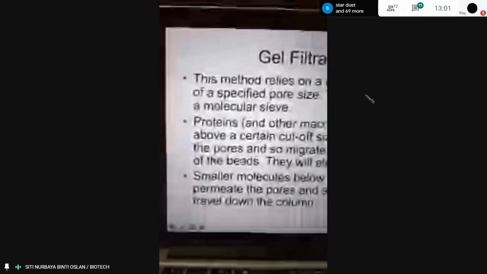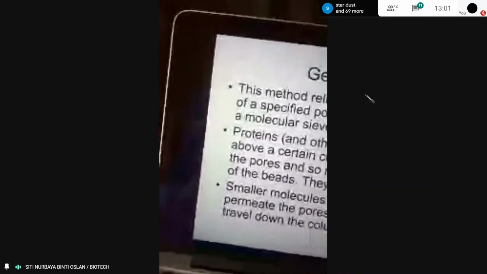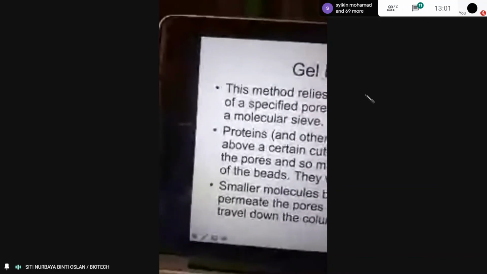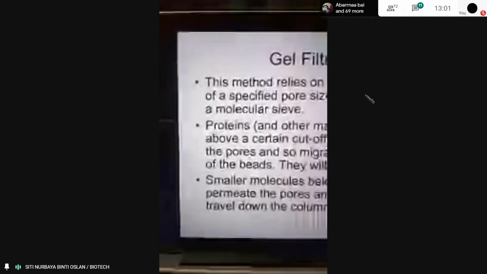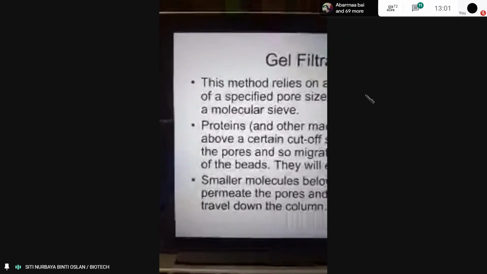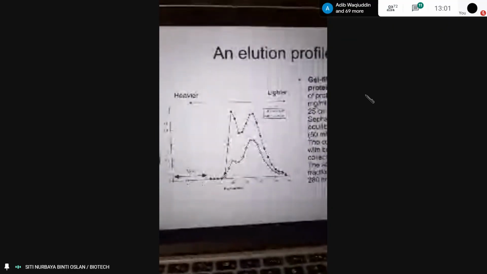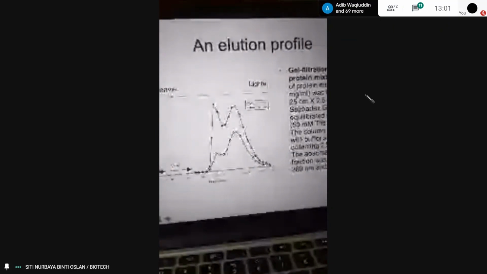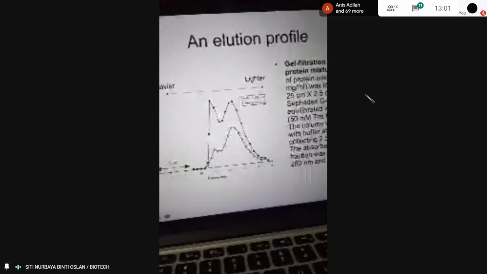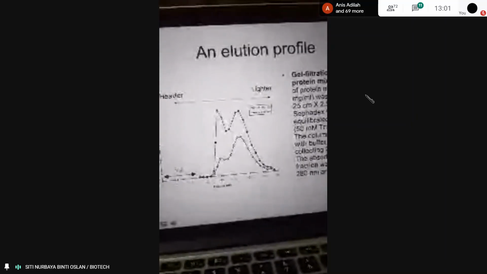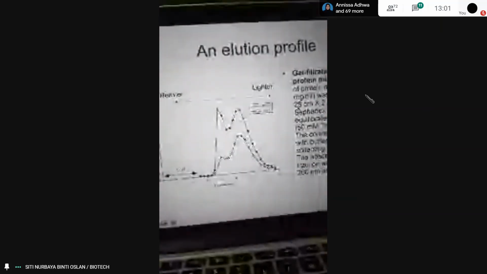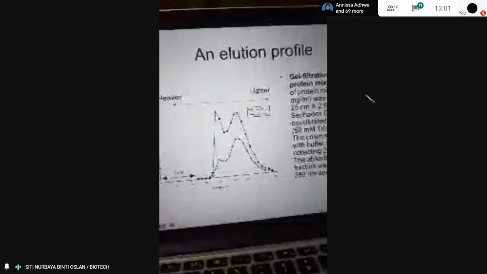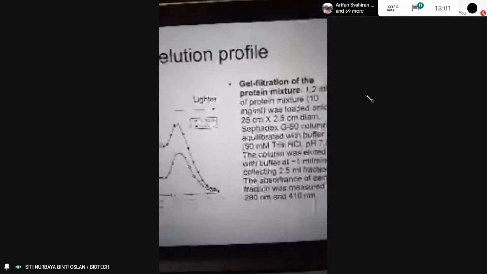Gel filtration is about the size cutoff. We check, for example we have 43 kilodaltons, then find the best matrix for 43 kilodalton separation. This is how it looks. In gel filtration, 10 milligram of protein was loaded into a 20 cm by 20 cm column.